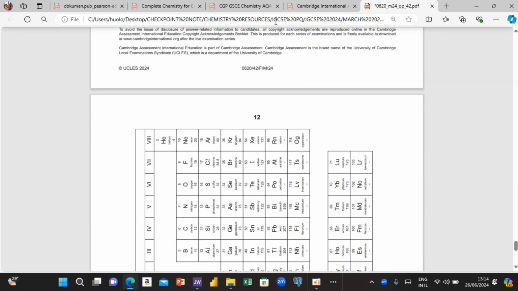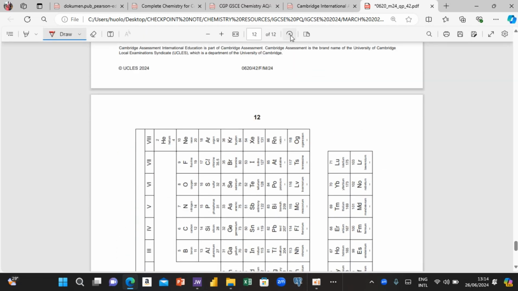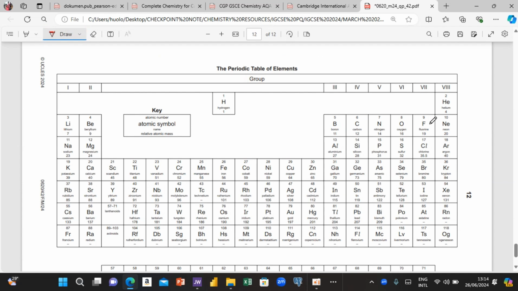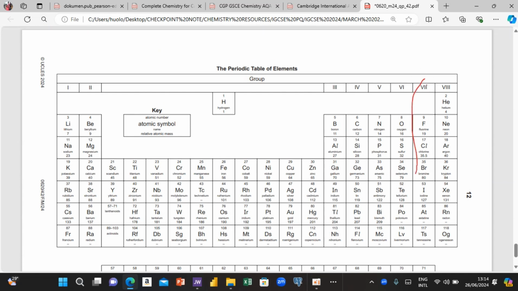So going back to our question, let's go to the periodic table and see what the halogens are. Halogens are in group 7, so this is the area we are looking at. As you go down the group, the particles increase, the mass increases. In fact, generally in the periodic table, as you go down the group, they get more dense.